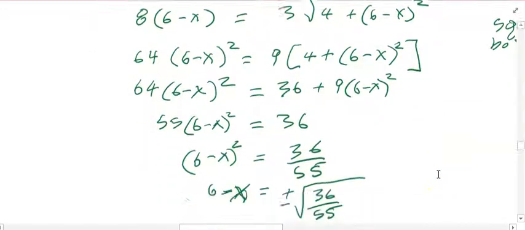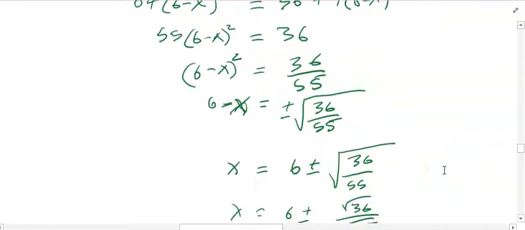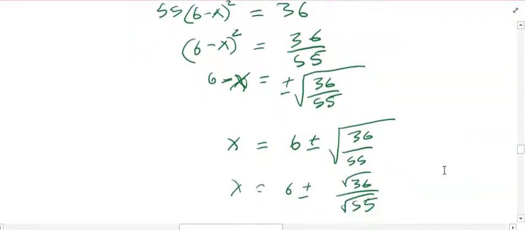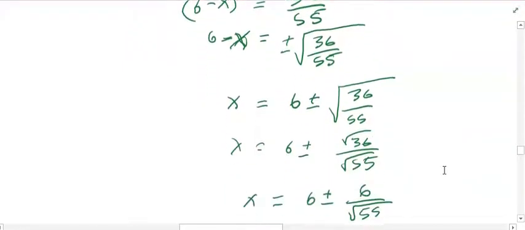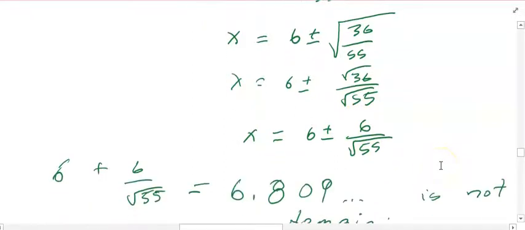We will end up eventually with x is equal to 6 plus or minus the radical of 36 over 55. Then we can simplify that a little bit more to x equals 6 plus or minus 6 over radical 55.